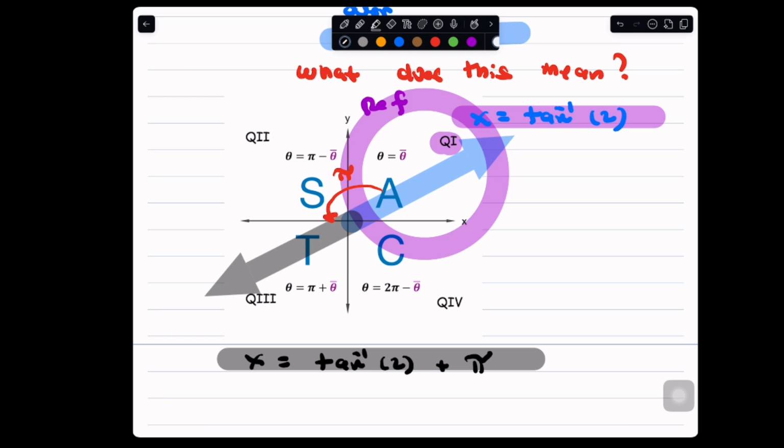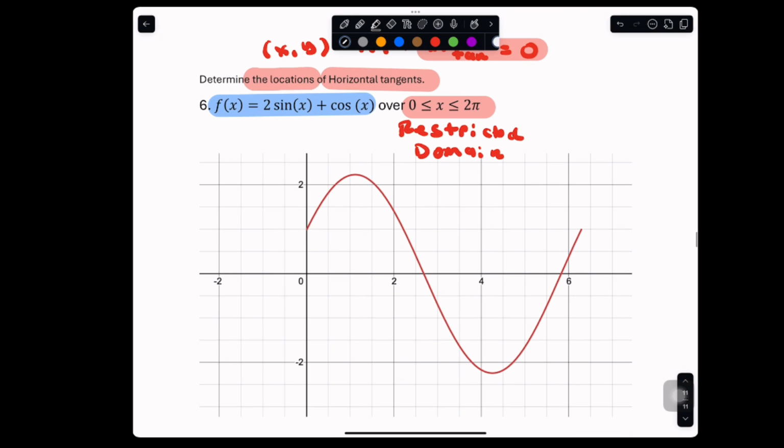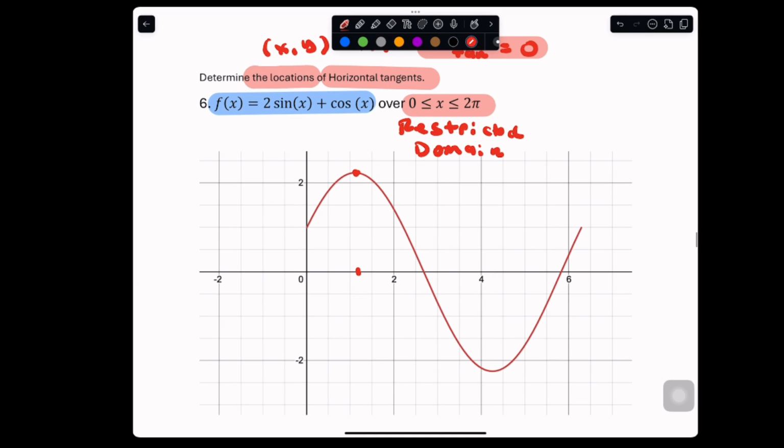And it makes some sense because if you go back to the picture here, this is the location of the inverse tangent of 2. You will have a horizontal tangent. The slope of the tangent line is 0 here.